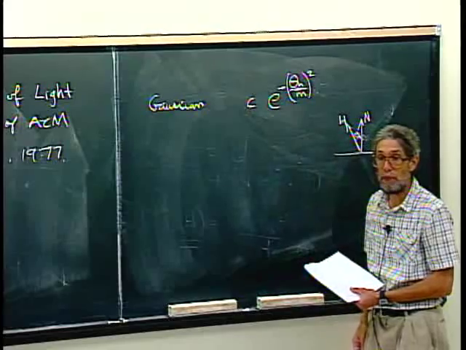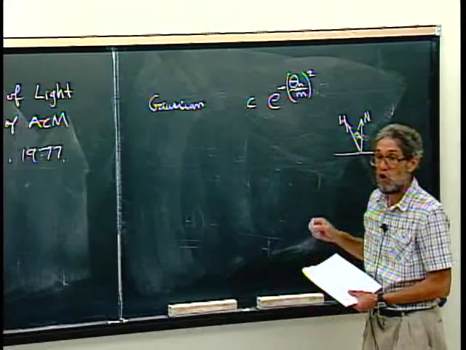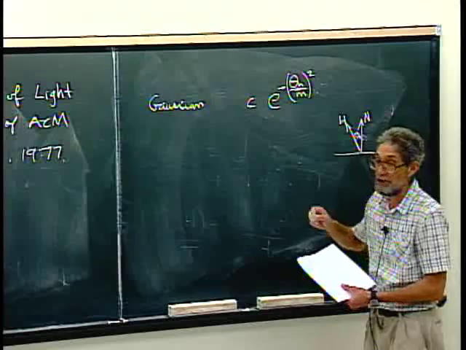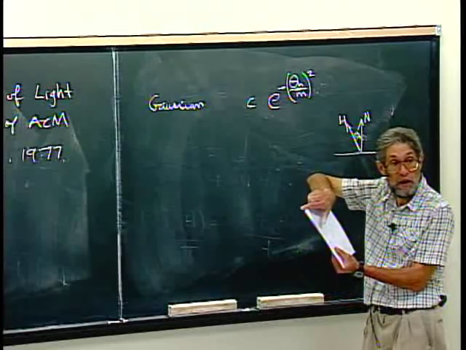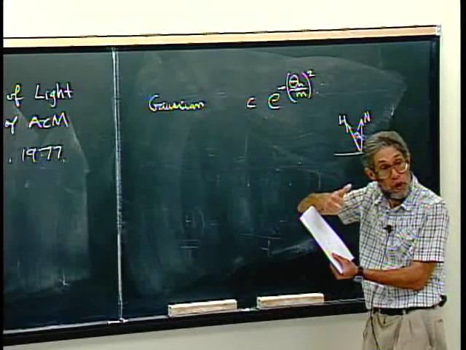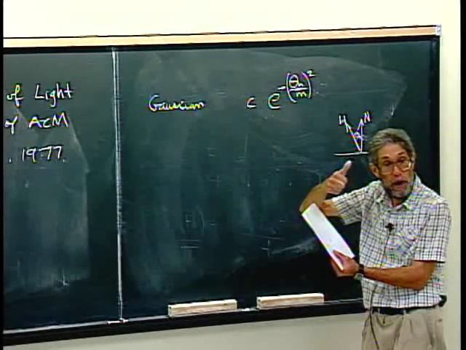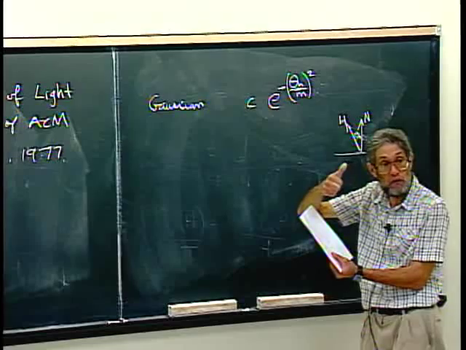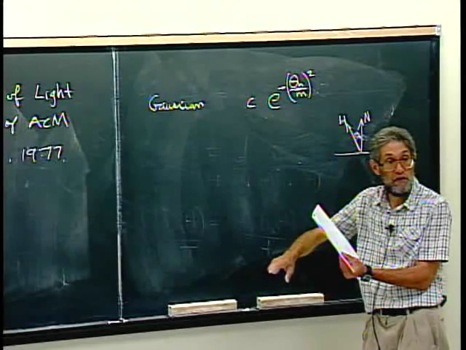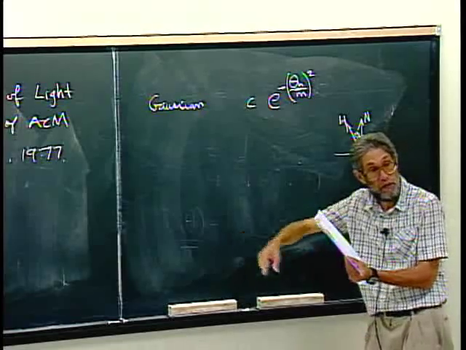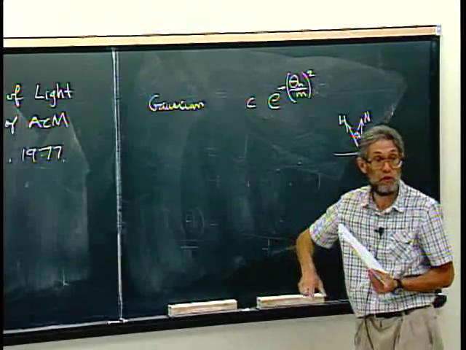Actually, it's a little more complicated than that, because this facet distribution had the facet area within that angle. But what has to integrate to 1 is the ratio of the projected facet area to the area of this dA that we were talking about at the smooth surface.